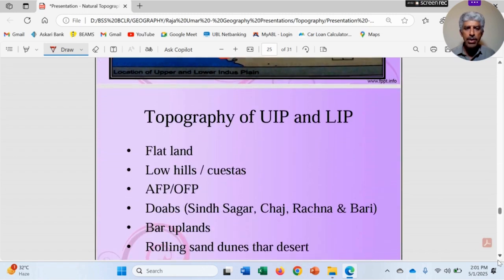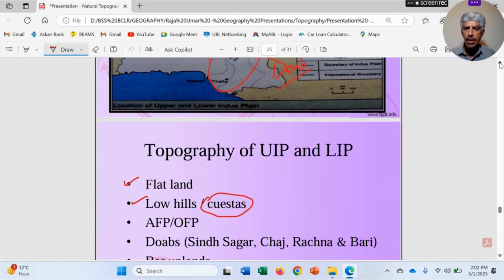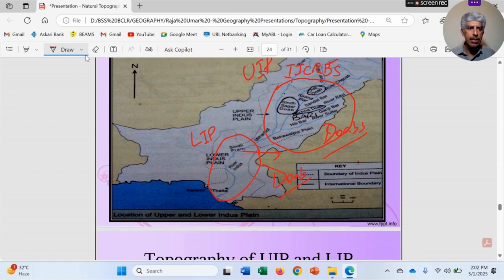Okay. So topography of Upper Indus Plain and Lower Indus Plain: flatland, low hills, cuesta. Another very important term, and at times we have seen that this term is asked in the paper, is cuesta.